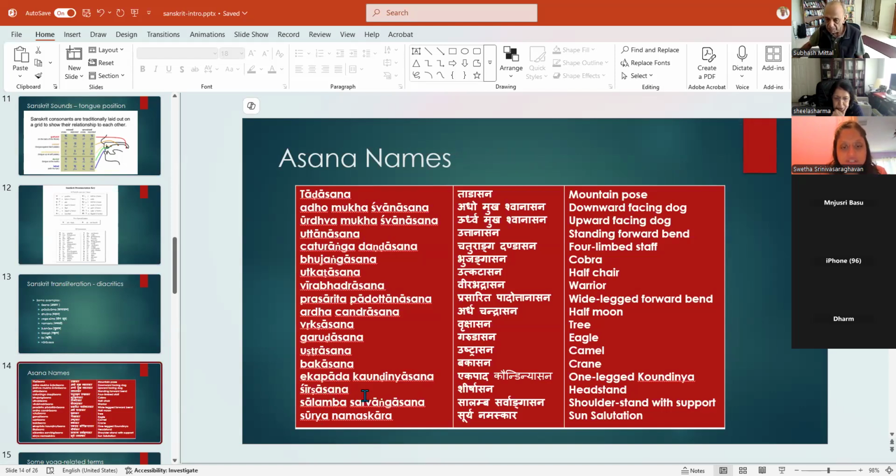Okay, they're a little tricky if you're not familiar with these sounds. All right, headstand. So try to pronounce these on your own, and make sure you are able to recognize the sounds which are either long or have marks under the letter, in some cases.